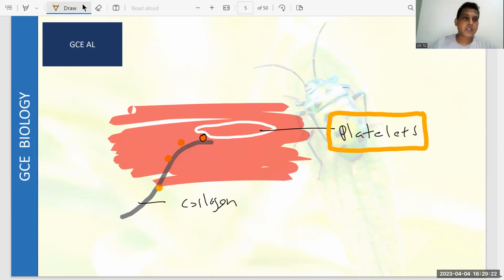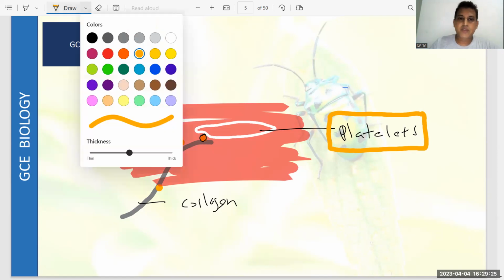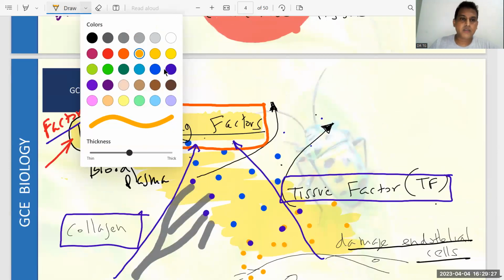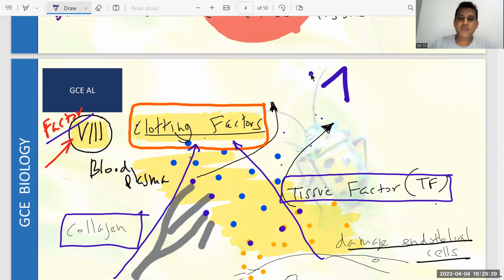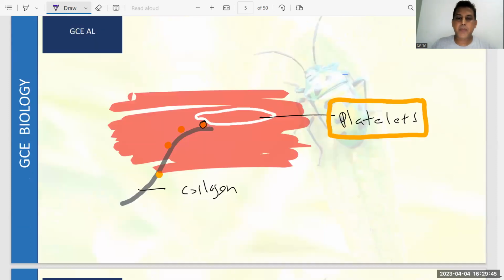So previously we have learned the role of clotting factors. Clotting factors are important. Clotting factors should activate. Clotting factors are in the plasma as inactive proteins. When there's damage, clotting factors activate. Now, second thing, if collagen is exposed, platelets can bind and then platelets get activated.